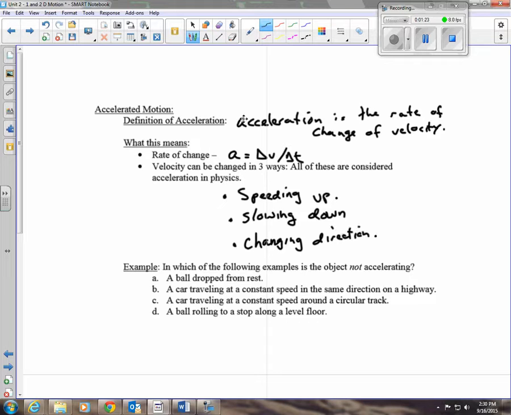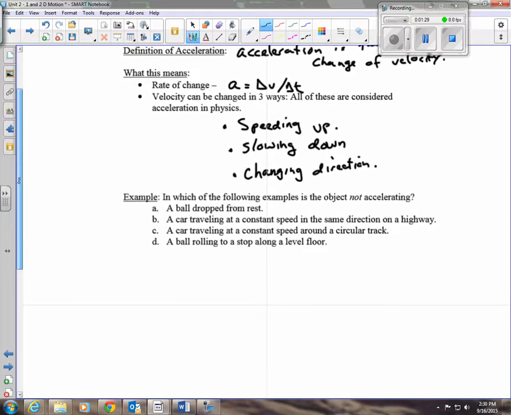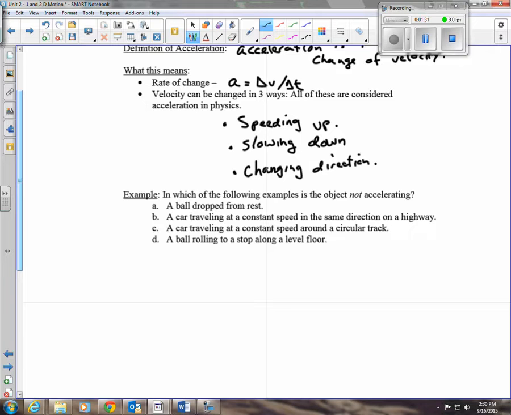Right now we're talking about motion in one direction, so we're really just going to be doing the first two bullets. We will eventually get to changing direction. Now, which of the following examples is the object not accelerating? You drop a ball from rest, it's going to speed up, so that's accelerating.